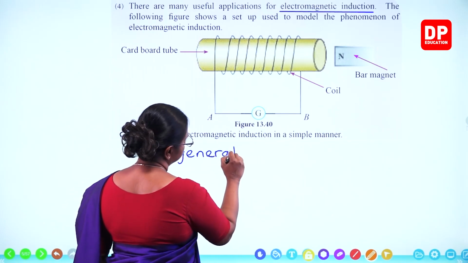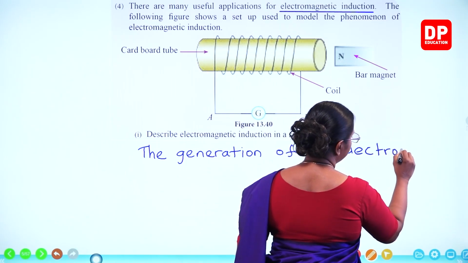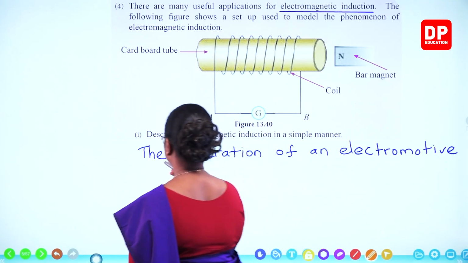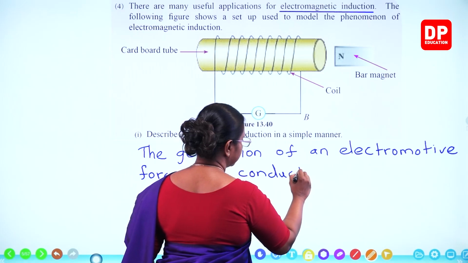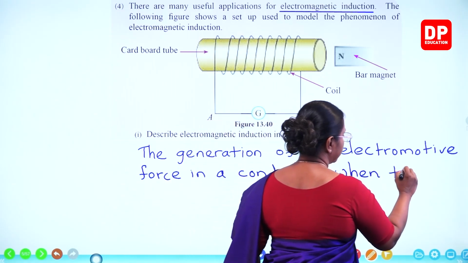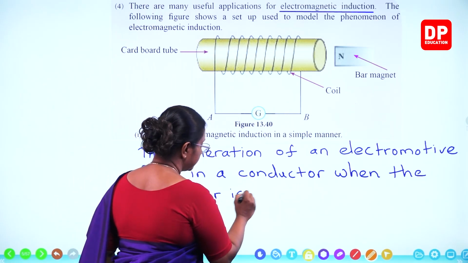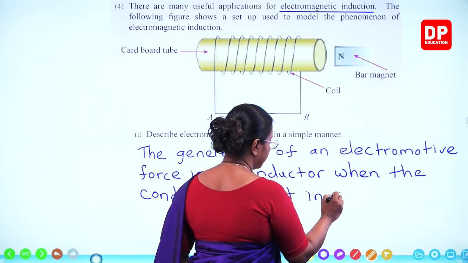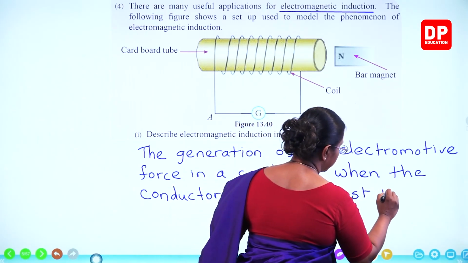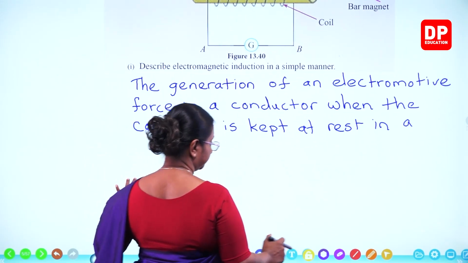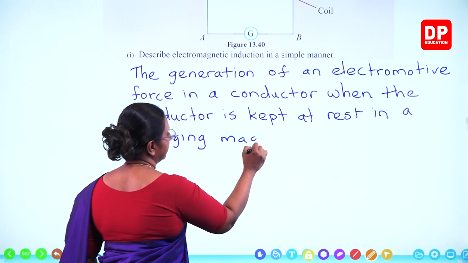generation of an electromotive force in a conductor when the conductor is kept at rest in a changing magnetic field.